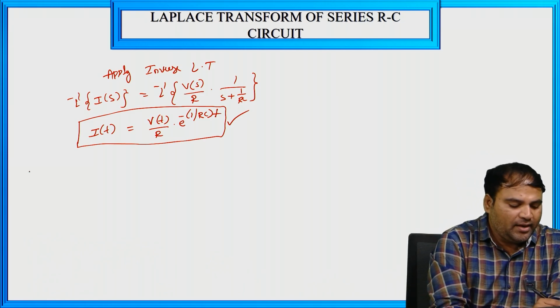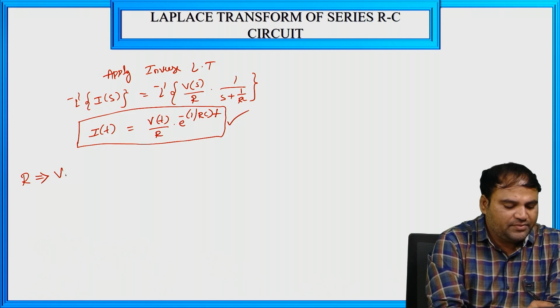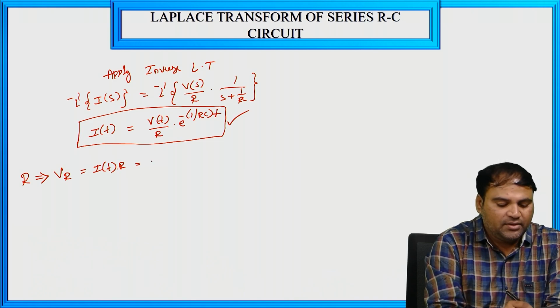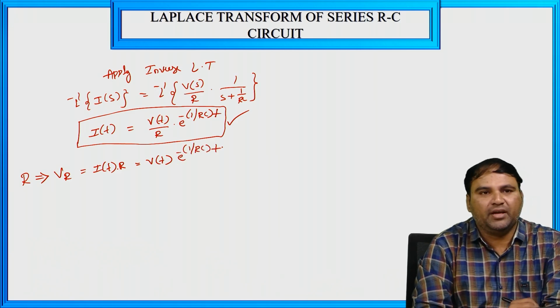Now calculate the voltage drop across the resistor. VR is equal to I of t into R, and R gets cancelled, so we get V of t into e to the power of minus 1 by RC into t. That is the VR value.